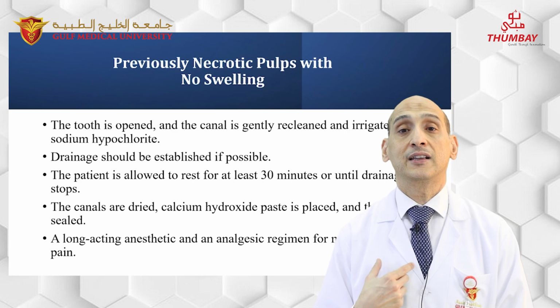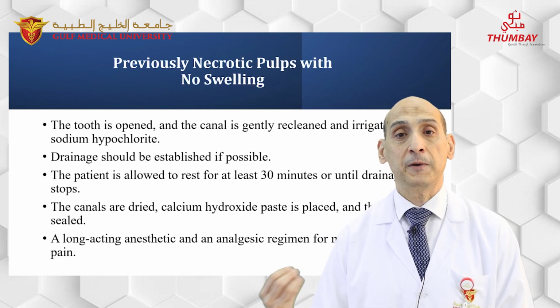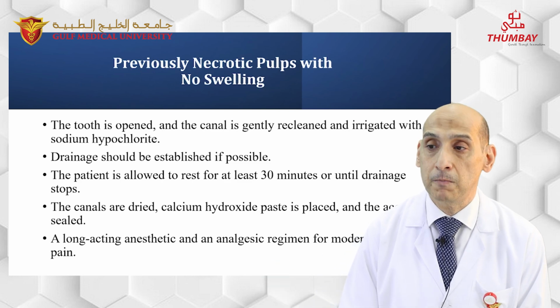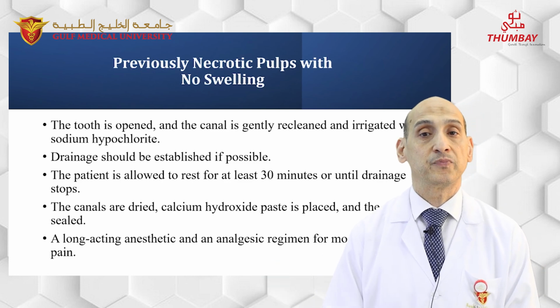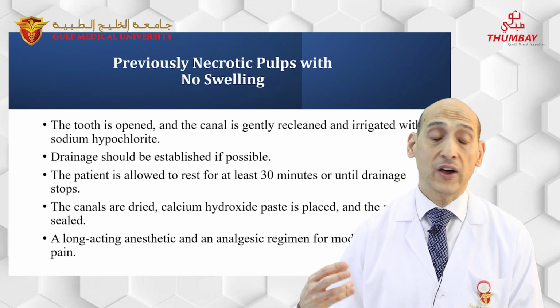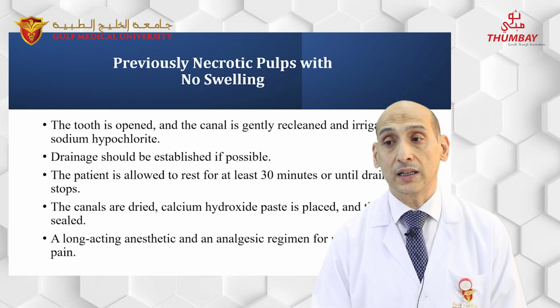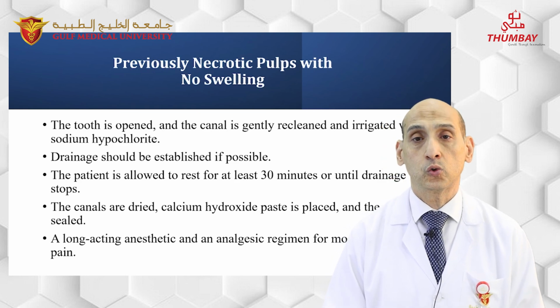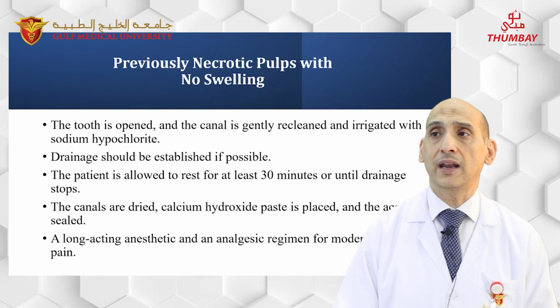If I can drain the canal from the apical foramen, it will be helpful to eliminate any pus that has formed in the periapical lesion. It's very important to give a non-steroidal anti-inflammatory here. I can put calcium hydroxide in the root canal if I enlarge the root canal.